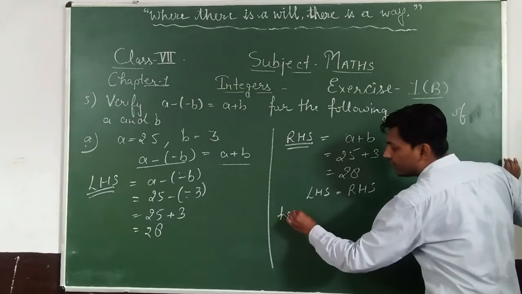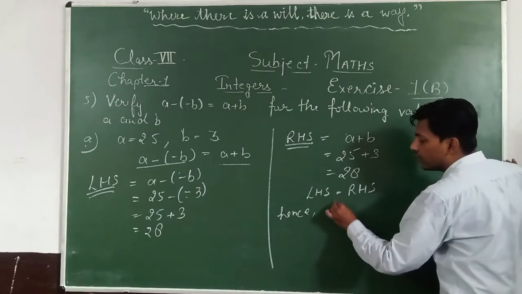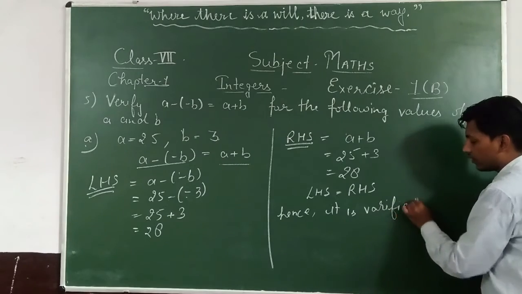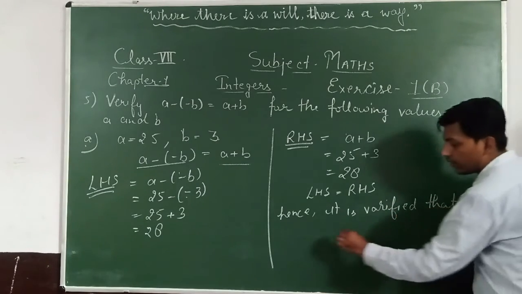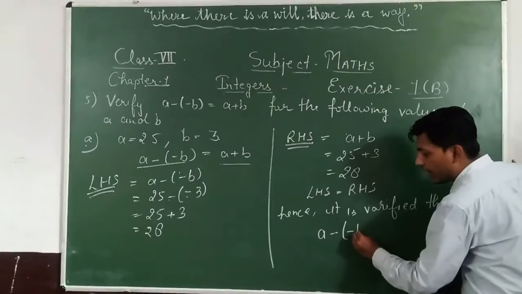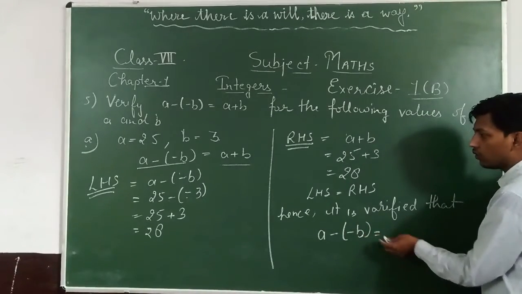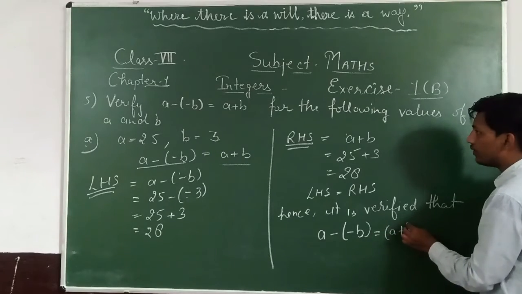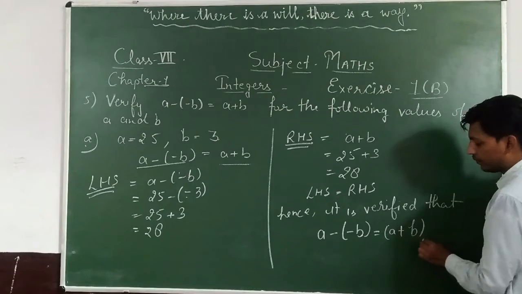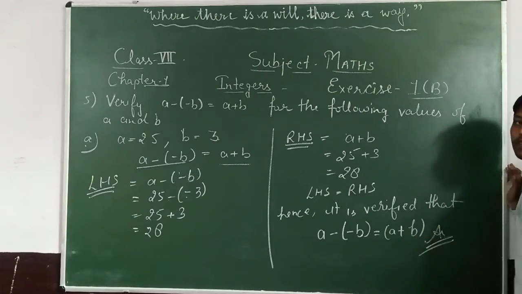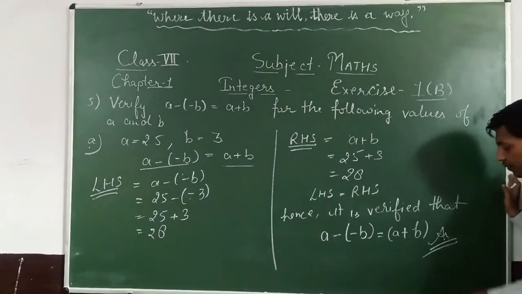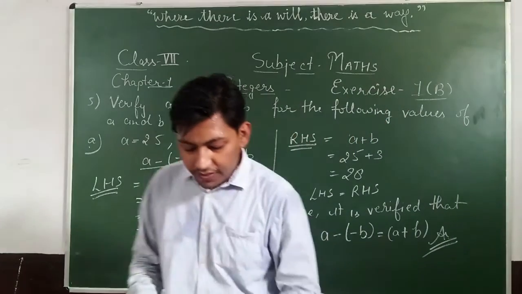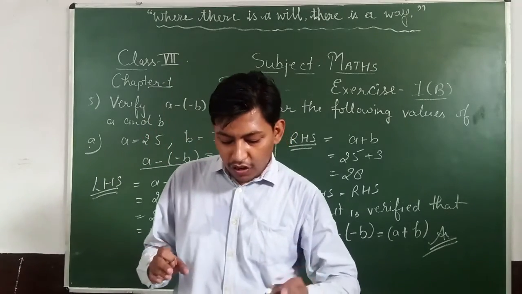Hence we can say that it is verified that A minus minus B is equal to A plus B. Similarly, you can do the remaining parts of this question. Now question number 6, do it by yourself.